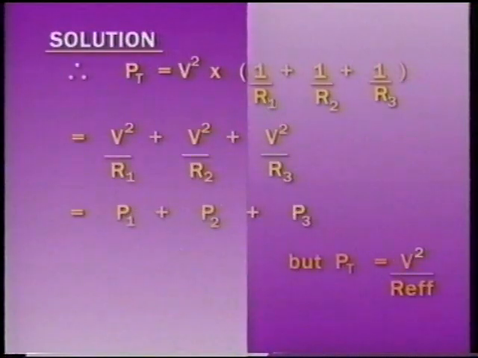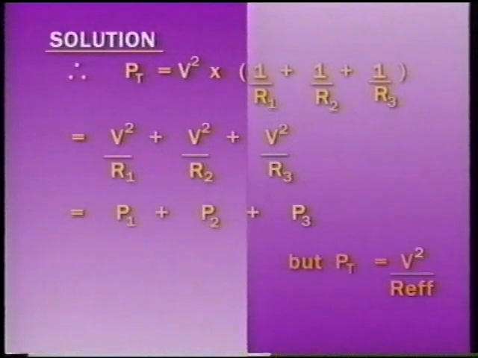Therefore, PT, which we have said is V squared times 1 over RF, becomes V squared times 1 over R1 plus 1 over R2 plus 1 over R3, or PT is V squared over R1 plus V squared over R2 plus V squared over R3.